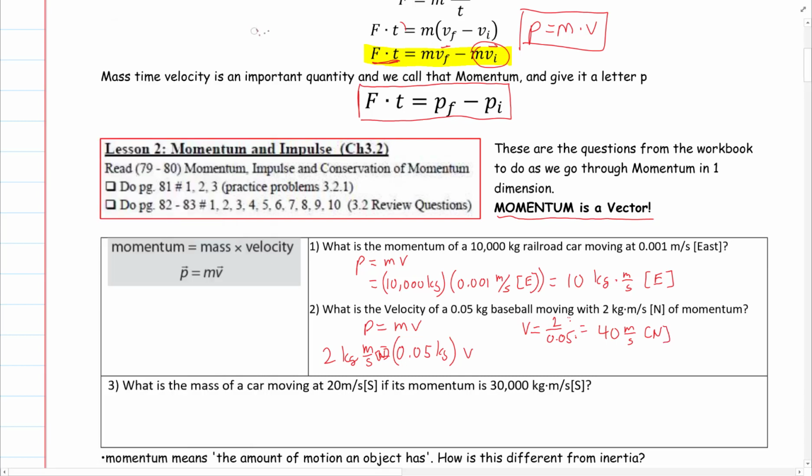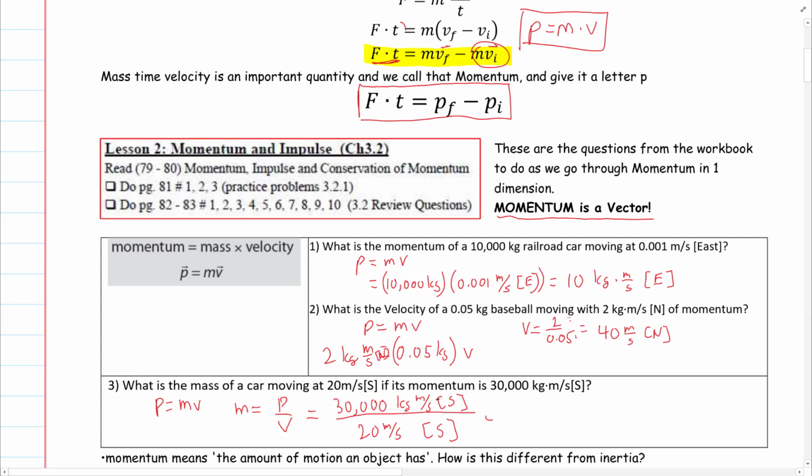It makes sense. What is the mass of a car moving at 20 meters per second south if its momentum is 30,000 kilogram meters per second south? Try it ahead. See if you can get my answer. Here we go. I just paused it for a few seconds to get ahead. M is P over V, just rearranging it.